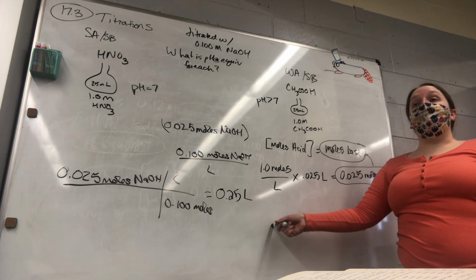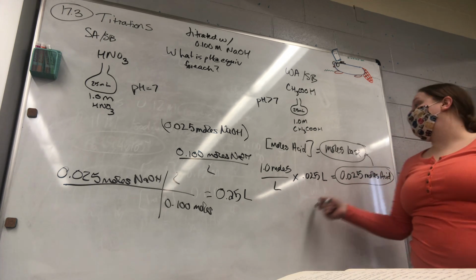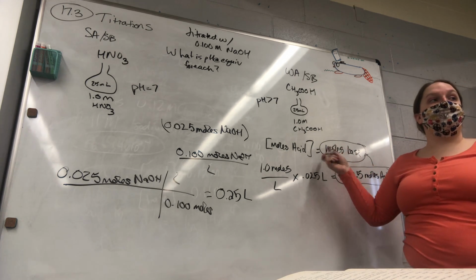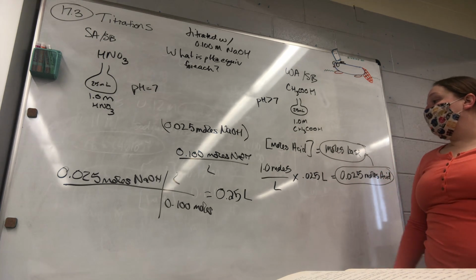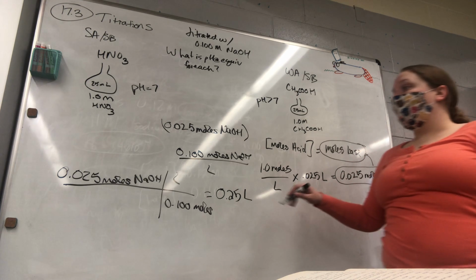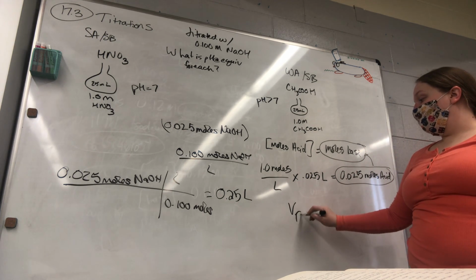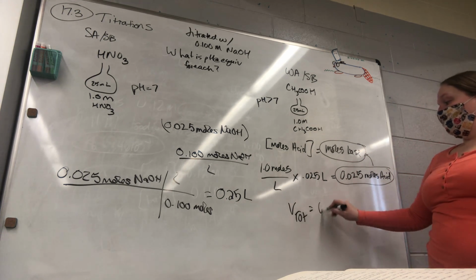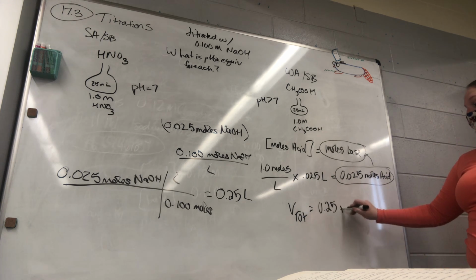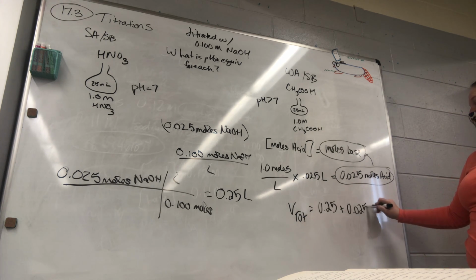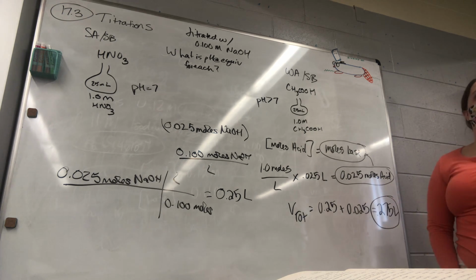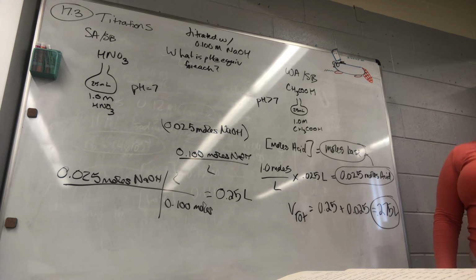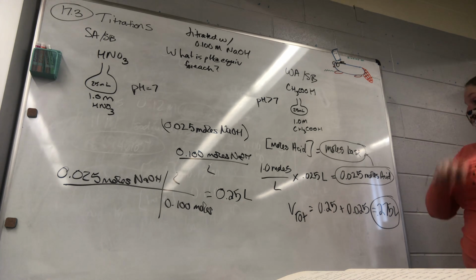So it took 250 milliliters to titrate this thing to equivalence. It's a lot, but that's absolutely correct. All right, so now my total volume is what? 275 milliliters. Or 0.275, you're right. Sorry.